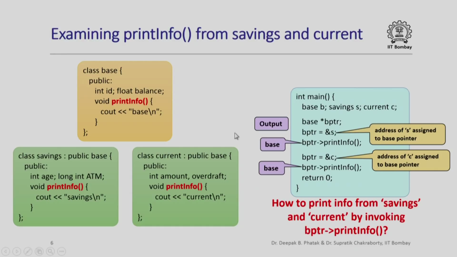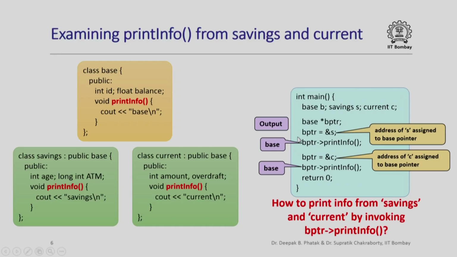Now the question is, here when I said BPTR is assigned the address of S, I probably wanted BPTR to behave like S. So, when I invoked BPTR arrow printinfo, I probably wanted this to behave like the printinfo method of the savings class.